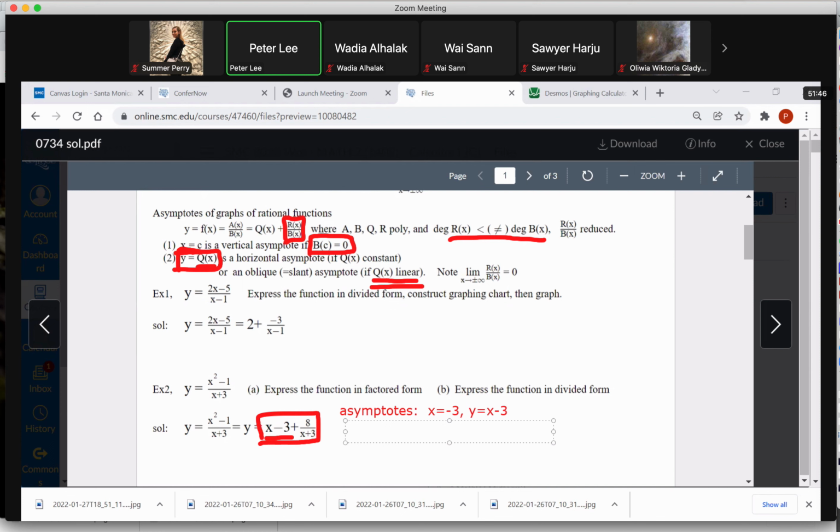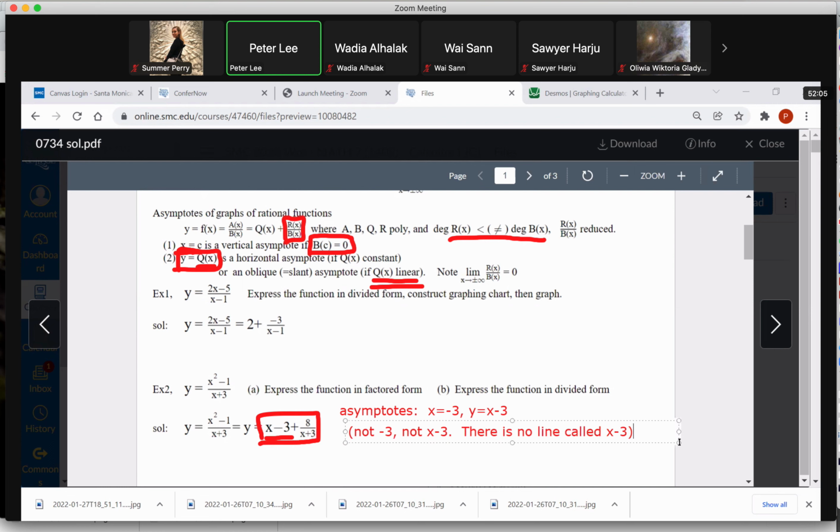Not negative 3, and not x minus 3. There is no line called x minus 3.